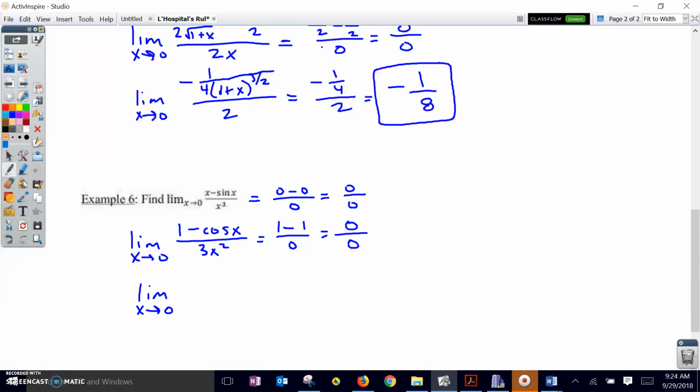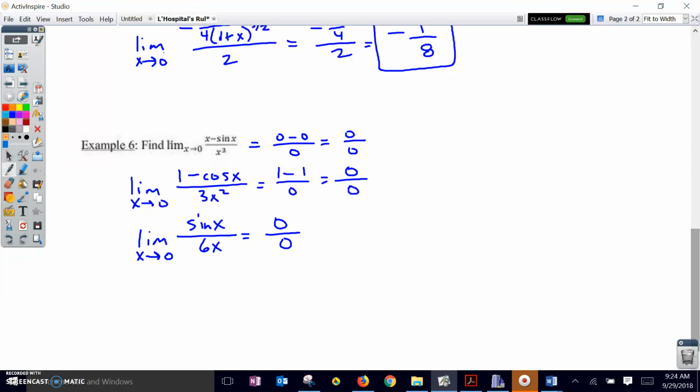The derivative of that is going to be sine of x over 6x, which is again 0 over 0. So we can apply L'Hopital's rule a third time. We get the limit as x approaches 0 of cosine of x over 6, and then we substitute, and we find that our limit is 1/6.